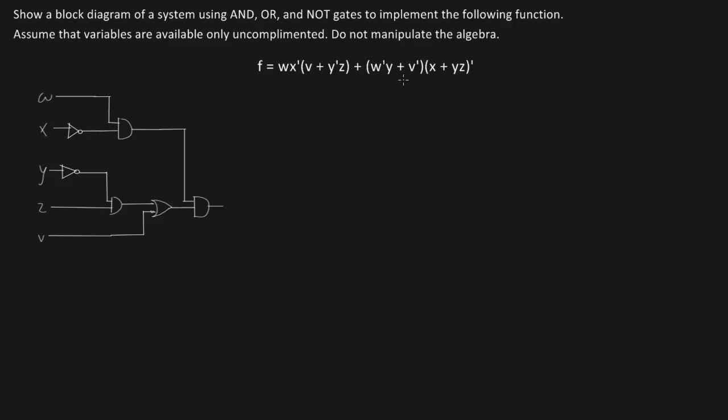Okay, so we have the W and the Y. Keeping these lines straight is kind of a pain, but I think it's worth it in the end. And the W is complemented. So we got our little NOT gate here again.